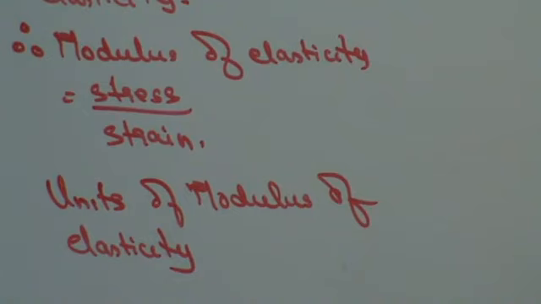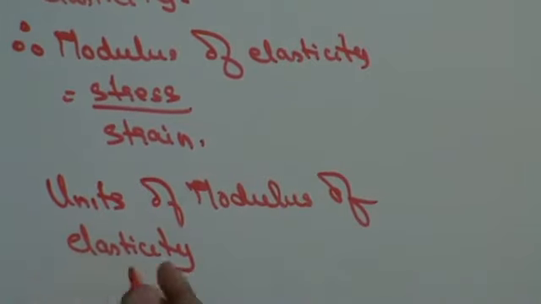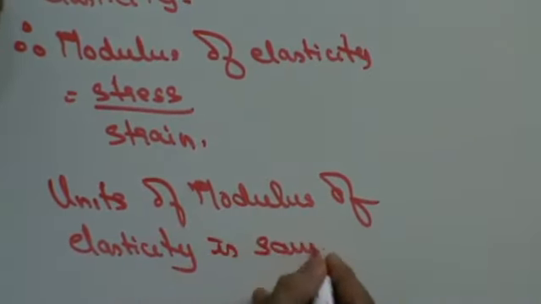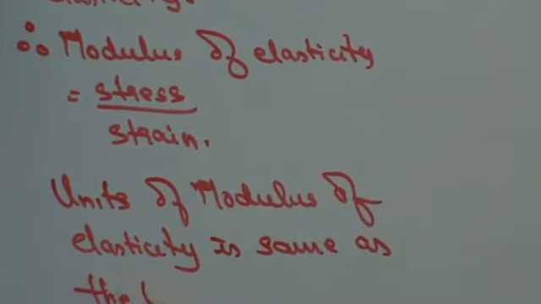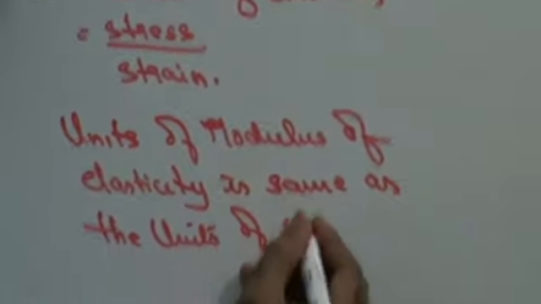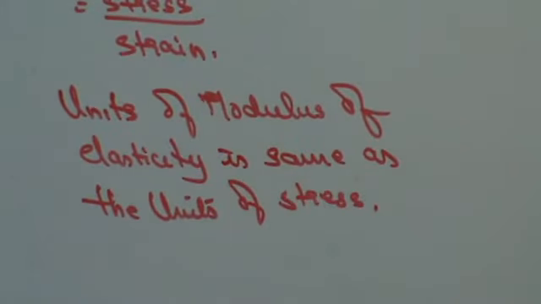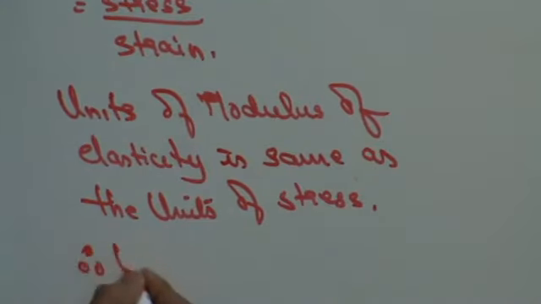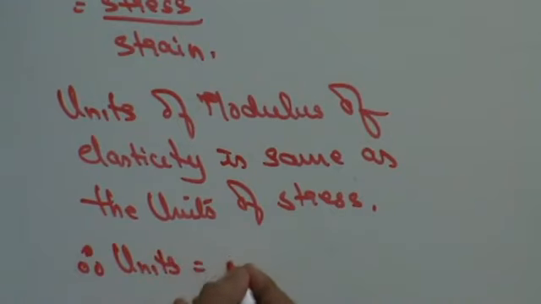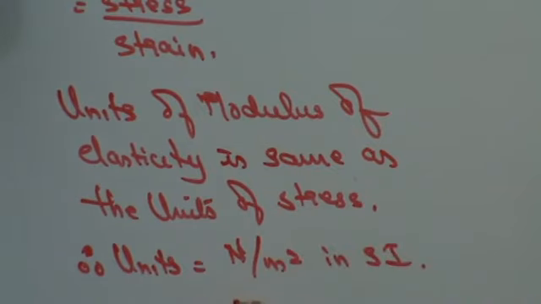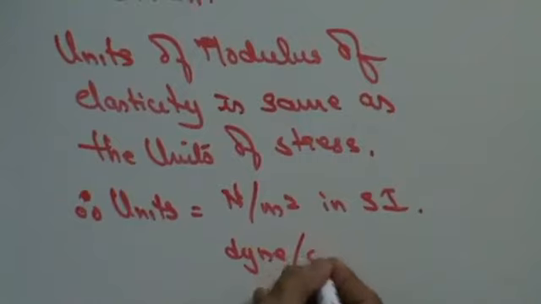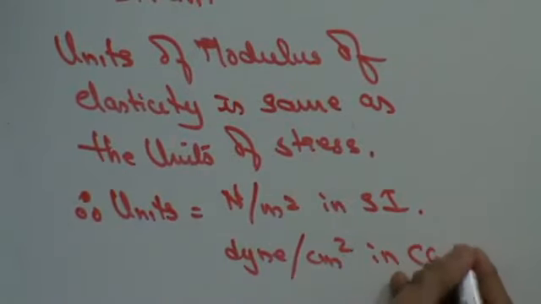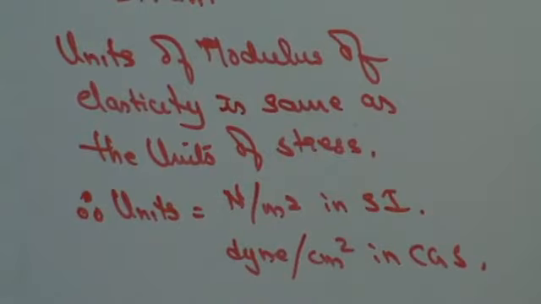Therefore, the units of modulus of elasticity will be the same as the units of stress, because strain is a ratio, it does not have any unit. Therefore the units of modulus of elasticity will be newtons per meter square in SI units and dynes per centimeter square in CGS units. Those will be the units of modulus of elasticity.